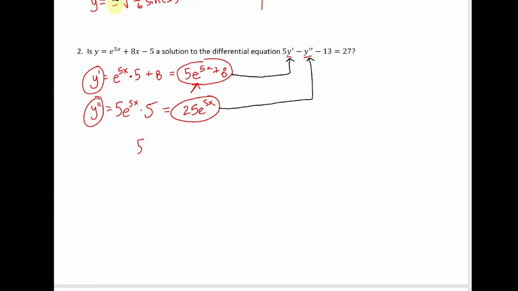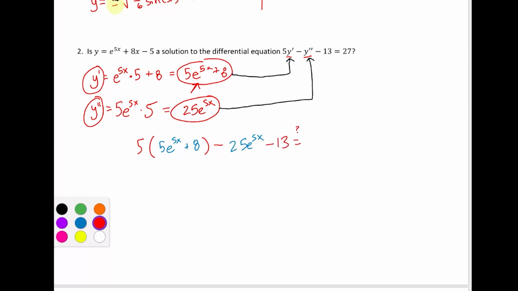So 5 times that y prime, which is 5 e to the 5x plus 8, minus y double prime, which is 25 e to the 5x, minus 13. Does that actually equal 27? So let's see.